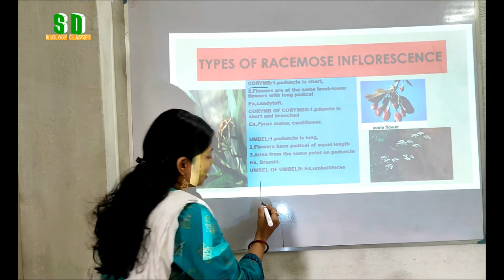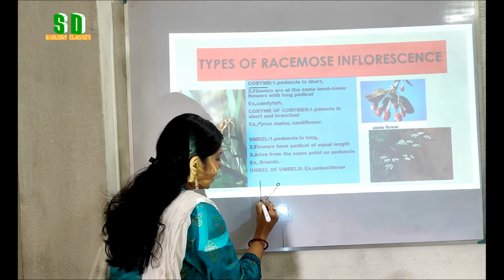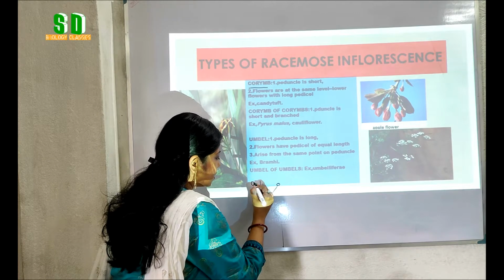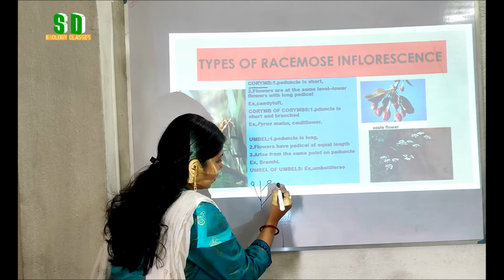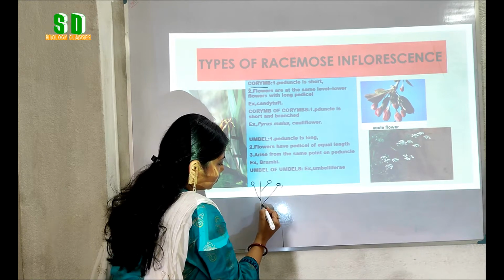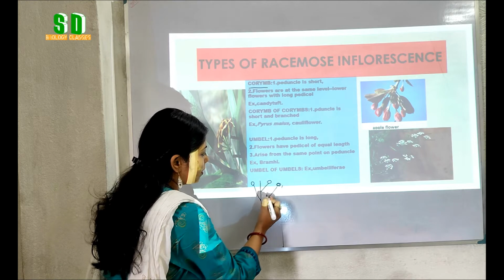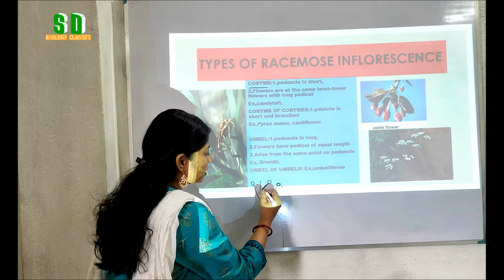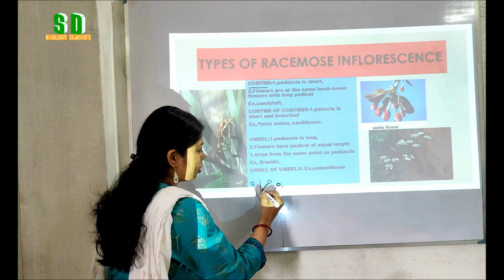That means all the flowers are present at the same level. So the flower growing from the lower side has a long stalk or pedicel, and the flower near the upper part has a short pedicel.